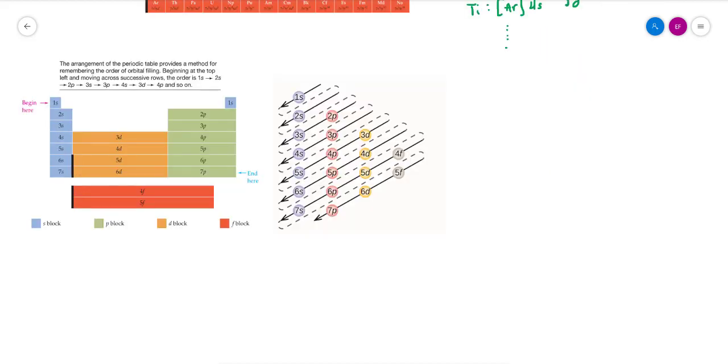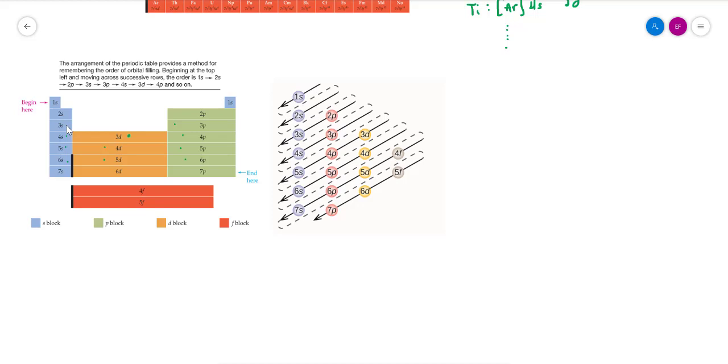So a good way to remember this is either way. I prefer to just look at the periodic table and I just know that I'm starting at 1s, then 2s to 2p, 3s to 3p, 4s, and then I've got the 3d lined up and then 4p. And you can see that we're always one step below for the 4d, so we go from 5s to 4d to 5p, 6s to 5d to 6p.